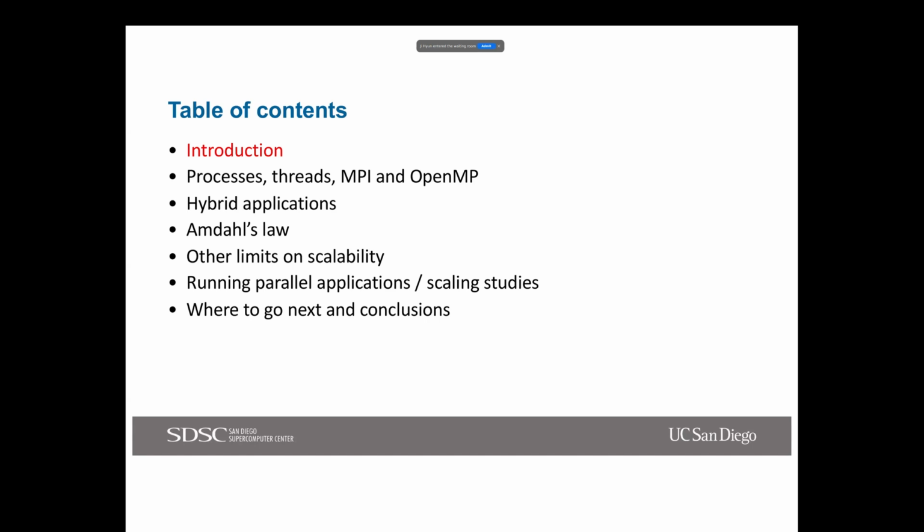But that's the goal for today's talk, to teach people about processes, threads, what MPI is, what OpenMP is, how these are incorporated into the types of applications you may run on systems like Expanse at SDSC or other supercomputing centers around the country as part of your research. Okay, so let's go ahead and get started.